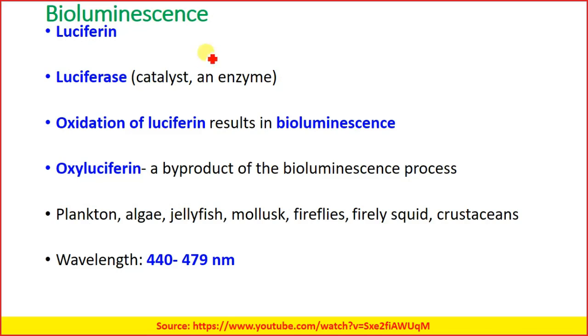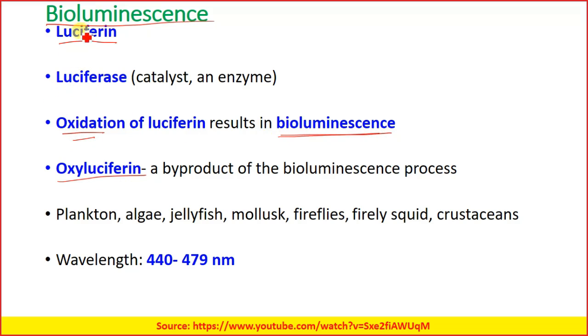Then we discussed bioluminescence. We have talked that luciferin, which is a biological compound, is metabolized into oxyluciferin by the process of oxidation, and during that process the bioluminescence is generated.